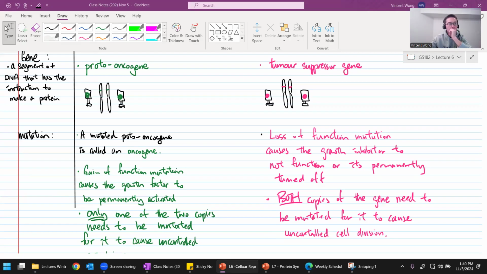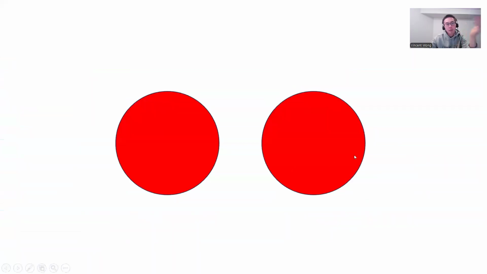So let's take a look. We have two copies of the tumor suppressor gene producing the growth inhibitor, the red lights, and the red lights are on. Right? So if both red lights are on, does the cell divide or not divide? Not divide. Exactly right. Red light tells them to stop. So no division. That's fine. Okay. Why are they not dividing? Well, who knows? Maybe there is DNA damage that cannot be repaired.